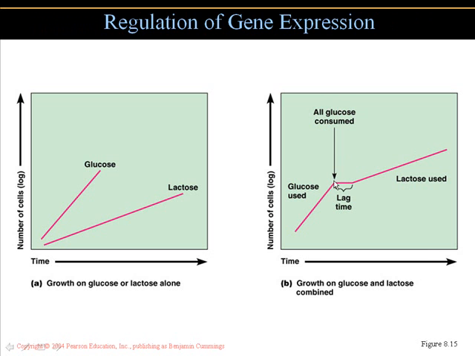There's a period of time where no growth continues. Notice there's a plateauing here, referred to as the lag phase, and then growth will start again when the microorganism changes its phenotypic expression. It's now going to start producing the utilizing enzymes or proteins specifically for lactose, and then lactose will be utilized.